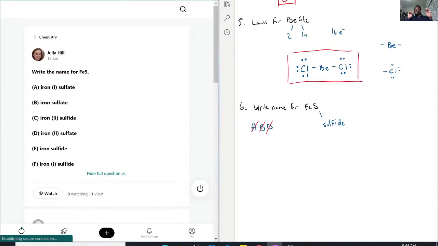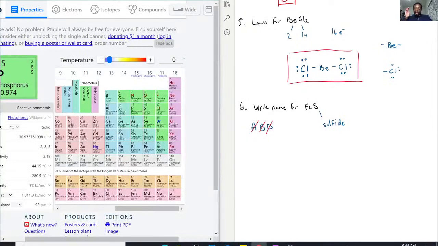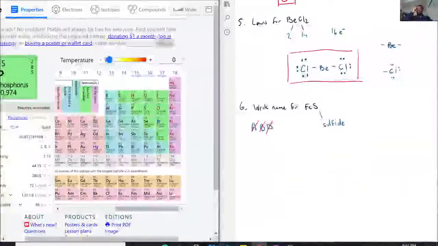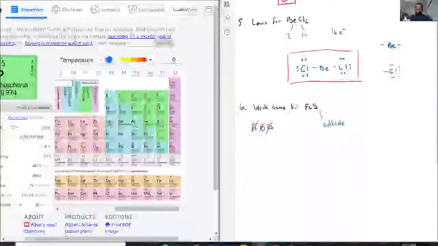Now you're probably wondering what these Greek numbers, Greek letters, what do those mean? Okay, so sulfide, the sulfur ion, if you look at the periodic table, it's on the 16th column, okay? That means it has 6 valence electrons. For it to fill a complete octet, it just needs 2 more.